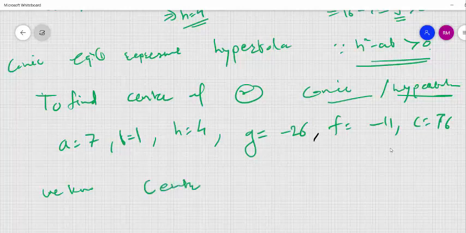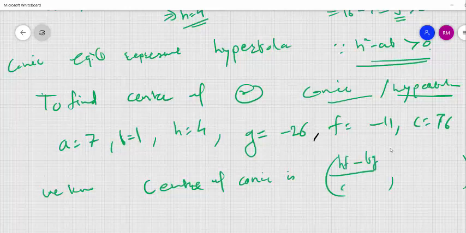We know the formula: the center of the conic is given by hf minus bg upon ab minus h square, and gh minus af upon ab minus h square. I will tell you in some lecture how to remember such a formula by using a memory technique.